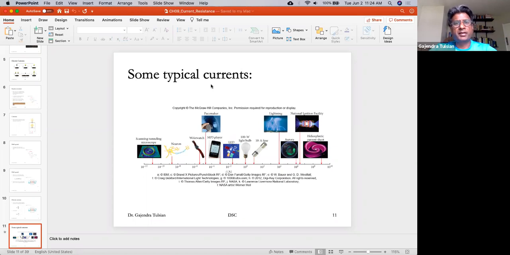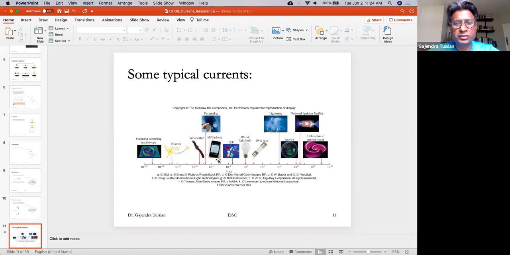So here are some typical currents that we encounter. Here's a scanning tunneling microscope where the current is about a trillionth of an ampere. When your neurons fire, the current is roughly a nanoampere. In a wristwatch, the current is about a microamp.